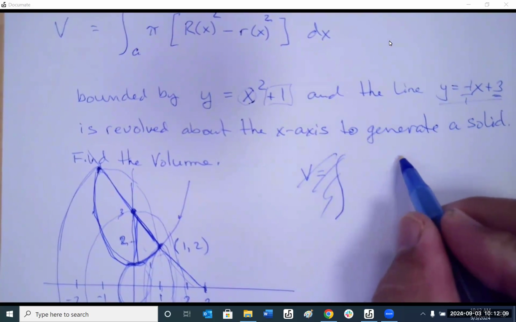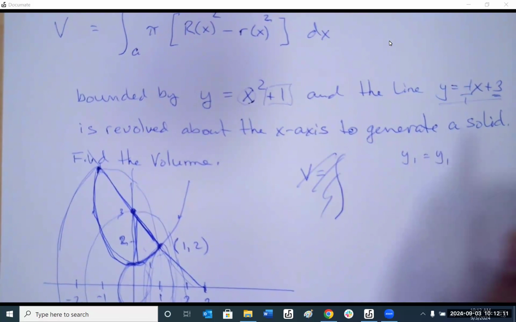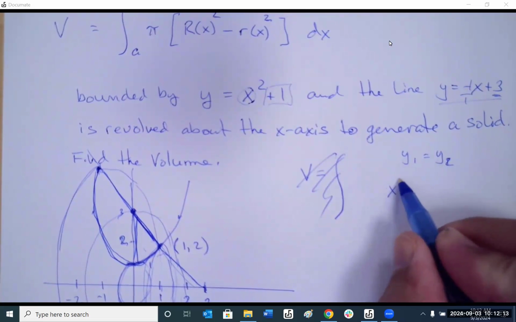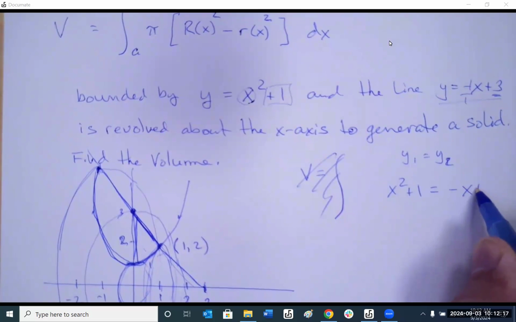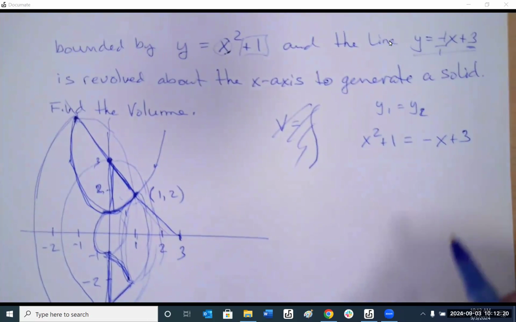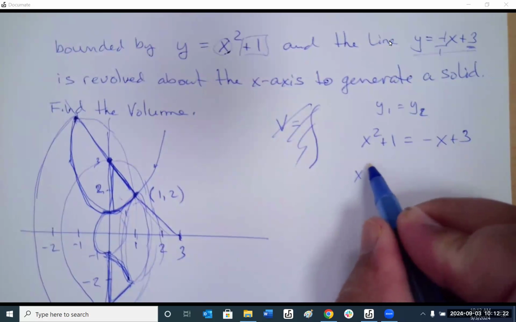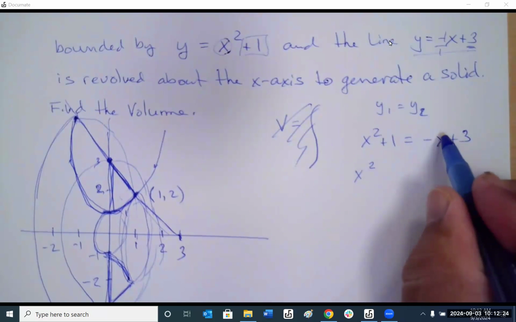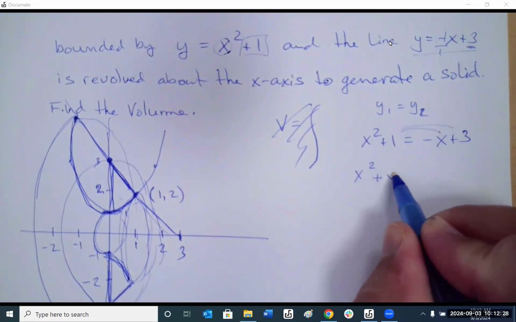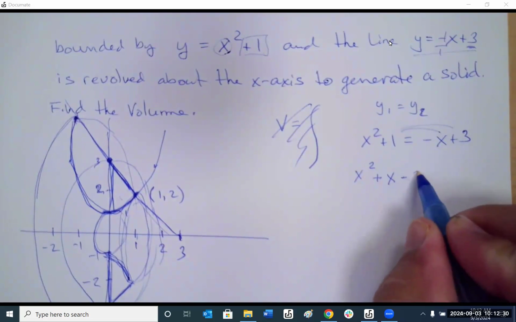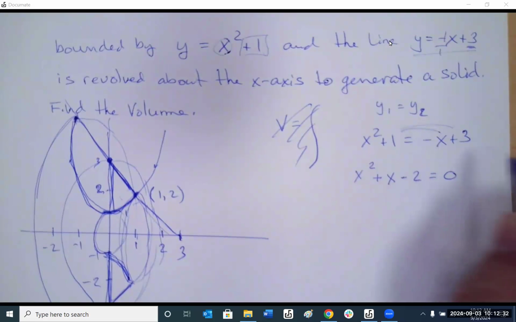Well, the way we do that is we set both lines equal to each other. So we have x squared plus 1 equals negative x plus 3. Move both of these numbers over there, so it's x squared plus x minus 2.